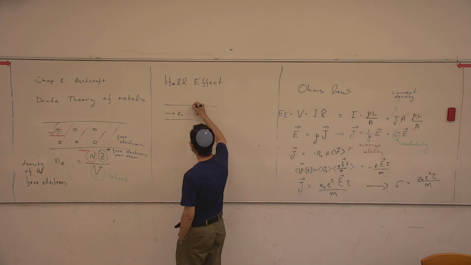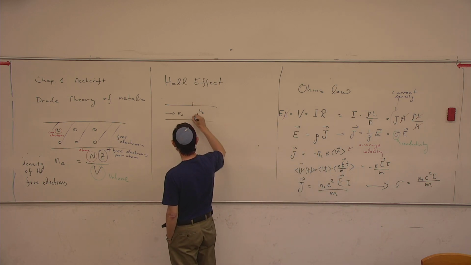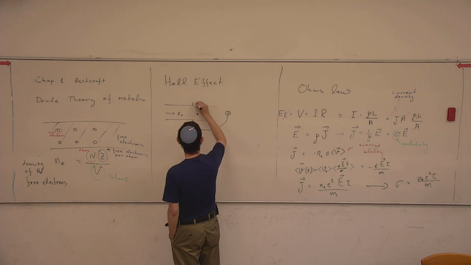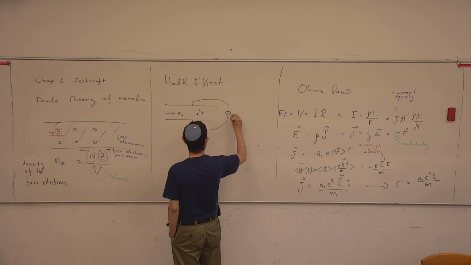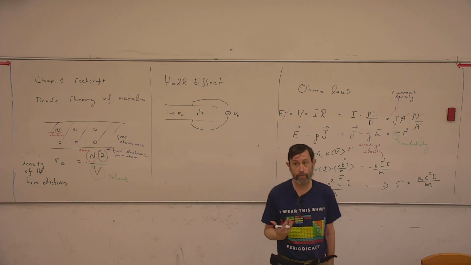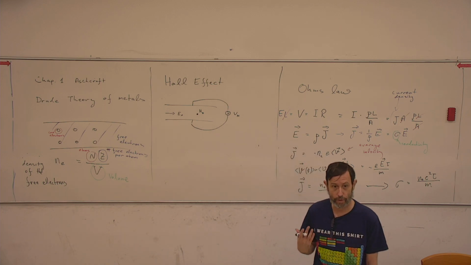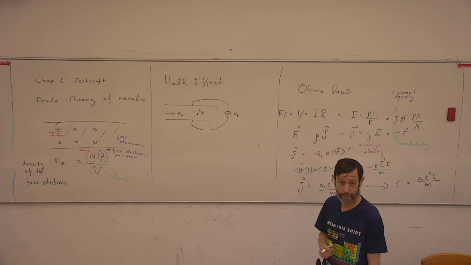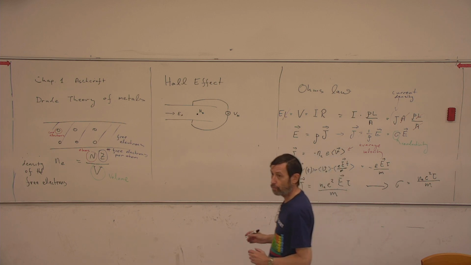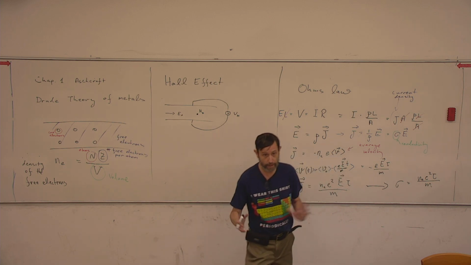I take a voltmeter, and I measure some voltage, which is known as the Hall voltage on the system. In a moment we'll understand why. But that's the Hall effect.